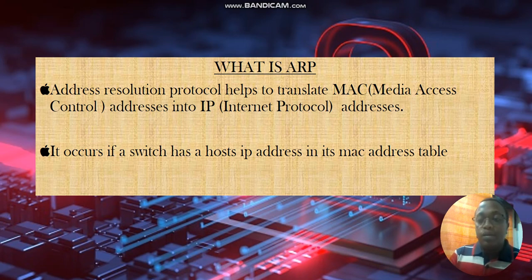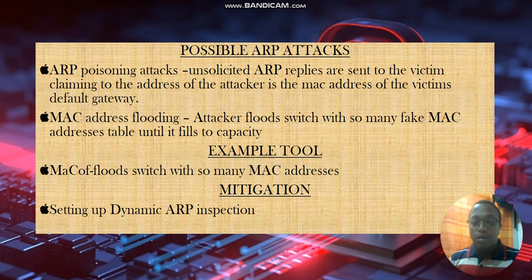Now, there are some attacks that one could do on address resolution protocol. One of them is ARP poisoning attacks. This is where one attaches themselves to a network and pretends to be the default gateway of what the host in the network is using. So generally, you attach yourself to a network and you give a lookalike MAC address to the default gateway.